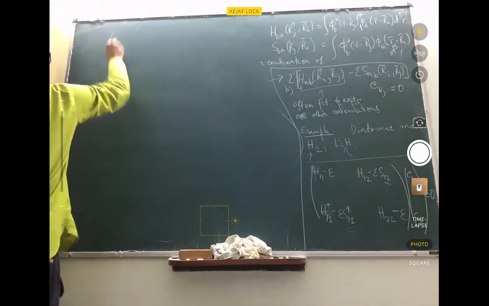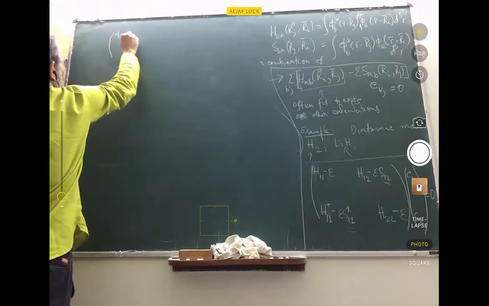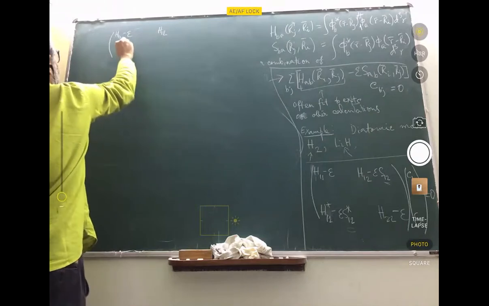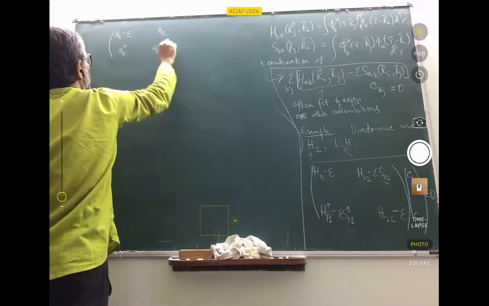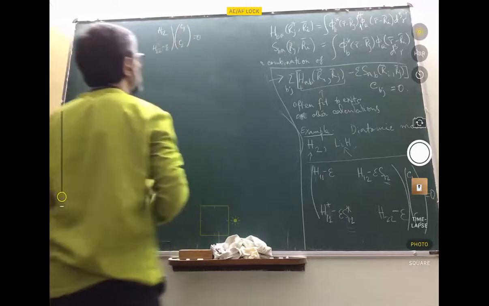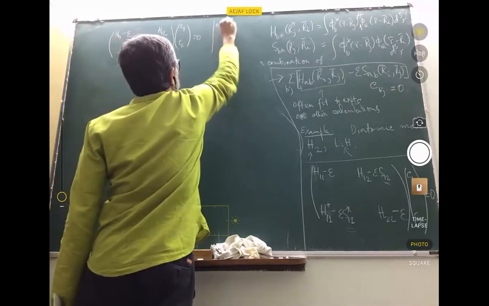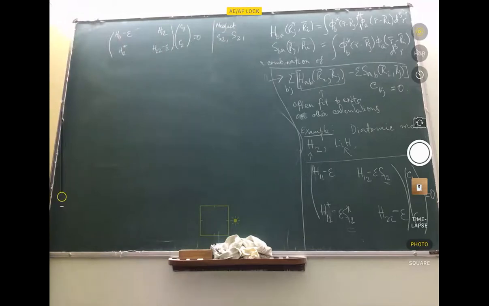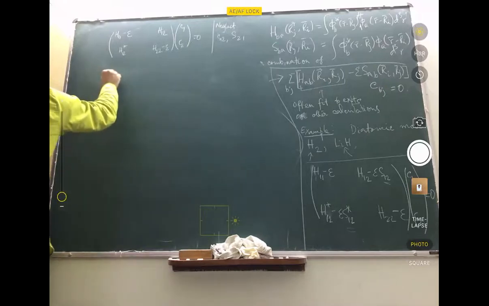So now you can go ahead and solve it. The determinant has to be 0 for you to have non-trivial solutions and so on. So you can write epsilon as follows.